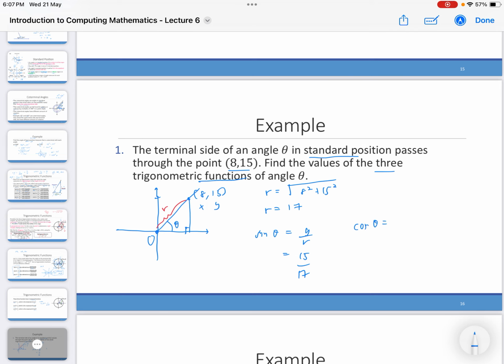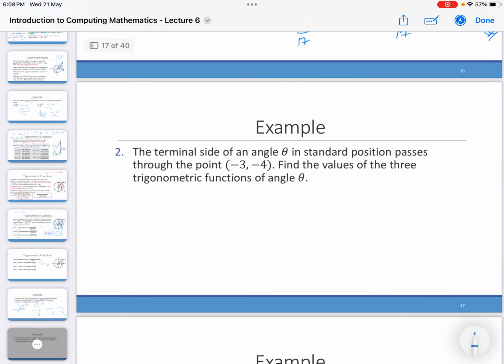Then cos theta equals x over r, so 8 over 17. And then tangent theta is y over x, so this one equals 15 over 8. So we straight away get the answer using this formula.